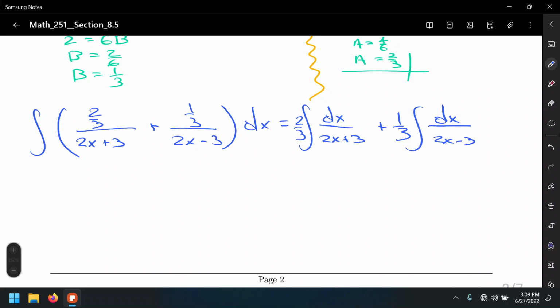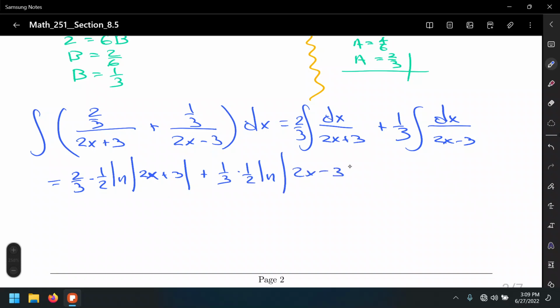All we end up with is a factor of 1/2. So this will be 2/3 times 1/2 ln absolute value 2x plus 3, plus 1/3 times 1/2 ln of absolute value 2x minus 3, plus c. All right, and let's simplify this.